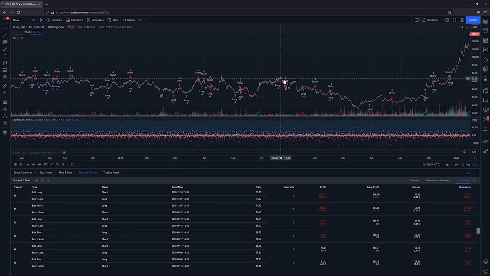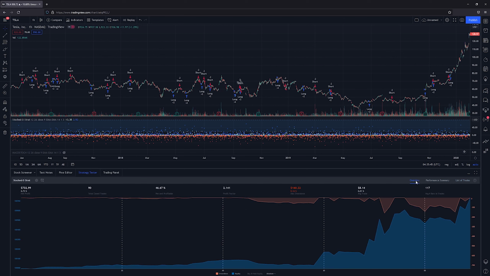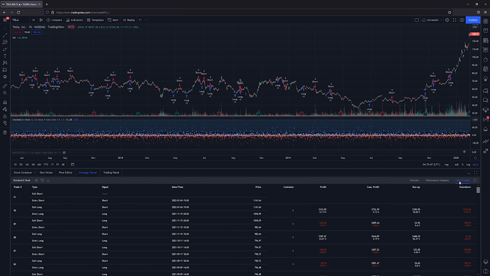And so that would be a way to use the list of trades in conjunction with the overview to kind of spot, well, why did my strategy not work at this certain time? So that's a really cool feature. Right here, we're using one contract at a time. Profit, let me come back up to the top.